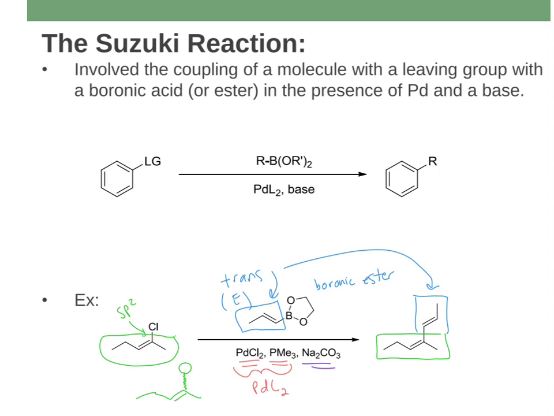So here's another example of being able to make a new carbon-carbon bond. In this example, hopefully you see that we haven't really had a good way to make a molecule like this product. We haven't had a good way to bring two alkenes together that have very specific but different stereochemistries, right?